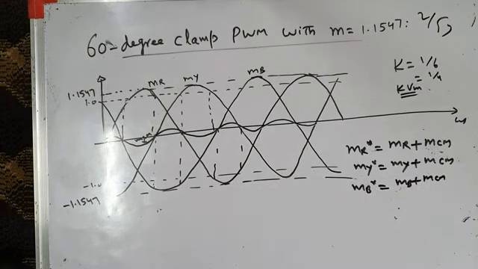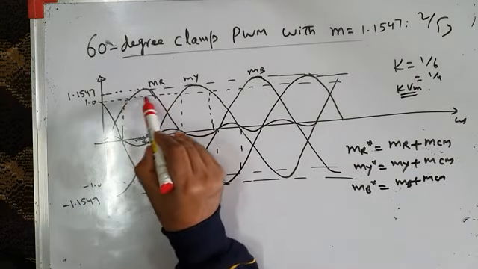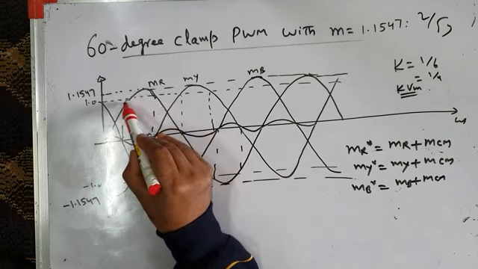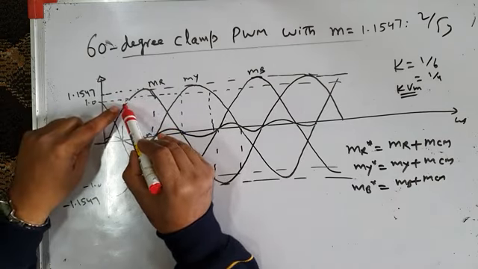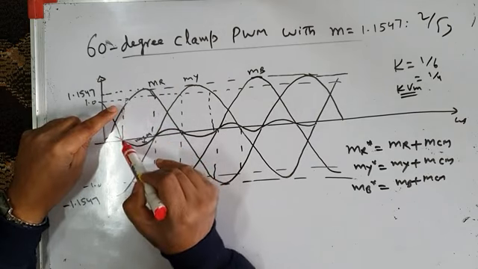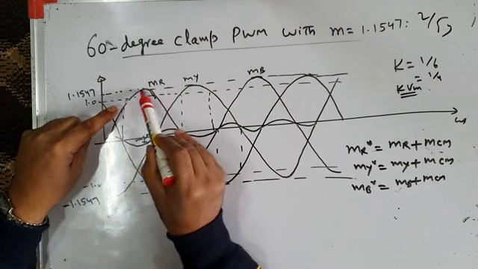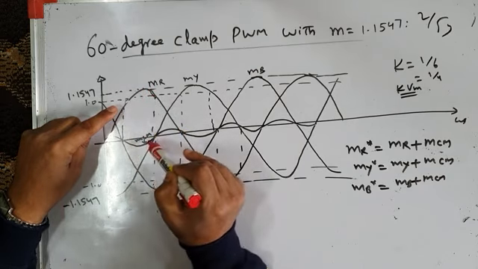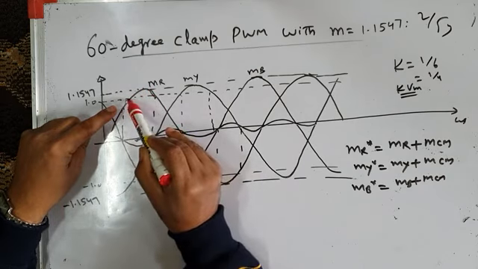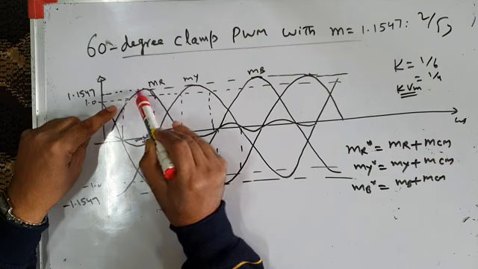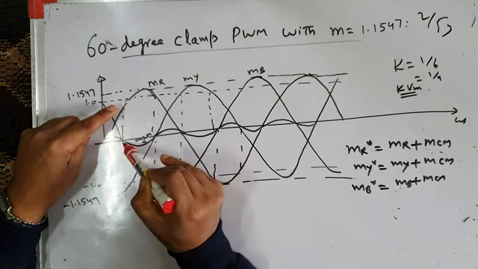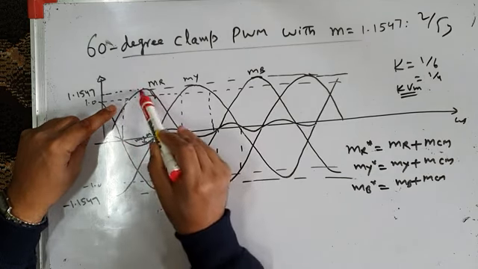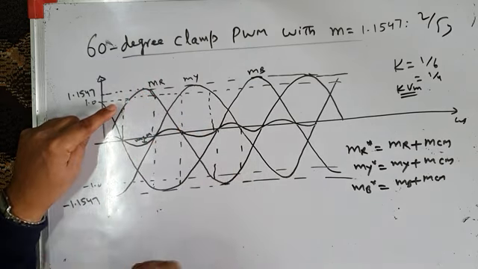Now we can very clearly see over this 60-degree interval, from here to here, MR plus MCM: this is my MR and this is MCM. Since MR is overmodulated and MCM is going negative, the amount by which it goes up, the same amount it goes down. So the sum of these two becomes equal to 1.